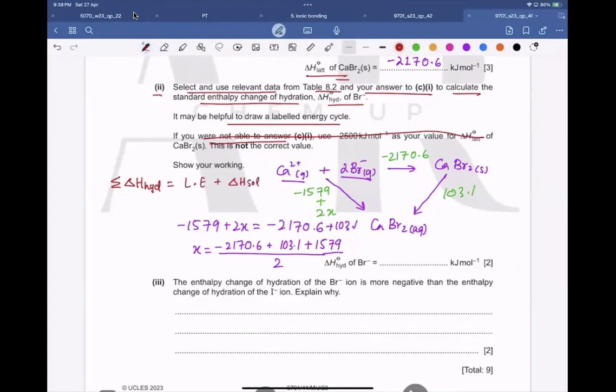So in this case, we have the hydration of calcium ions plus twice the enthalpy change of hydration of bromide ions is equal to lattice energy plus enthalpy change of solution. And that's why we make it 2x over here. Is it clear, Miriam?